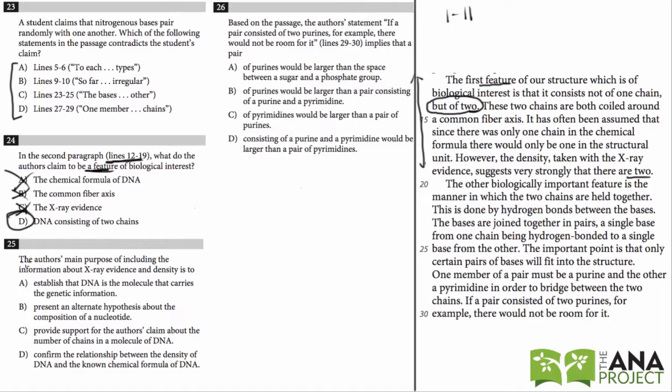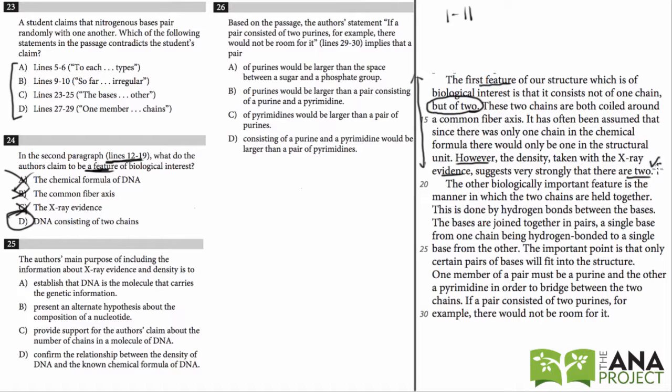Now, 25 says the author's main purpose of including the information about X-ray evidence and density is to, well, we've already read that. So might as well do 25 before we do 23. It says, "However, the density taken with the X-ray," so they thought it was one. It has often been assumed that there was only one chain. However, the density taken with X-ray evidence suggests very strongly that there are two.